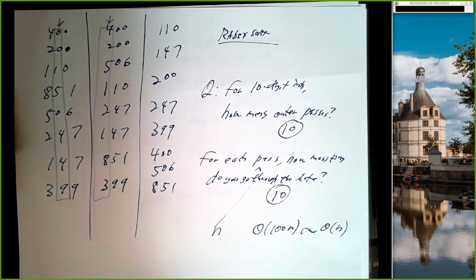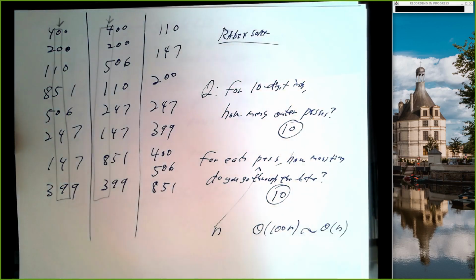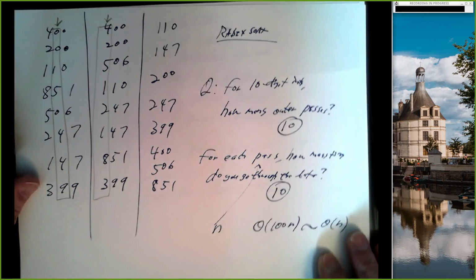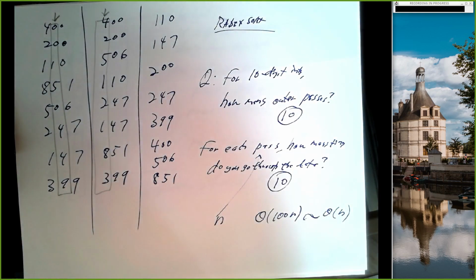which technically maybe it is, but it's not actually better than our order n log n algorithms. So this is a case where this order of complexity can be deceptive.